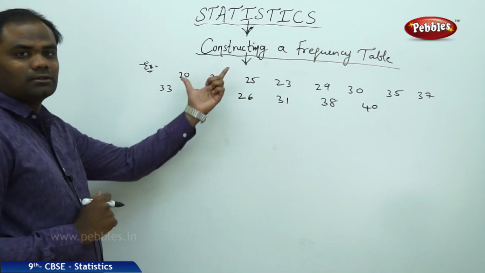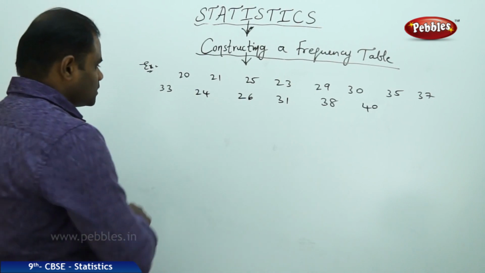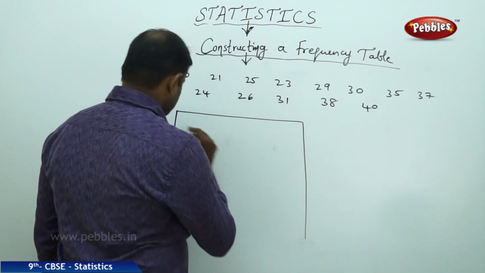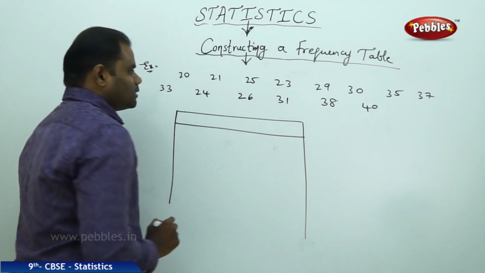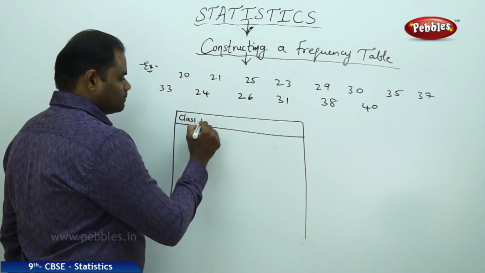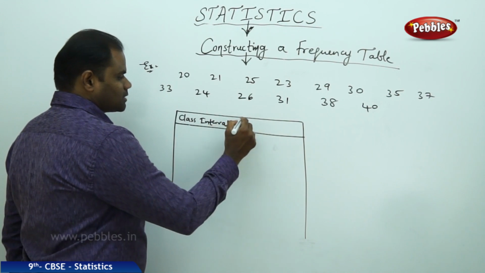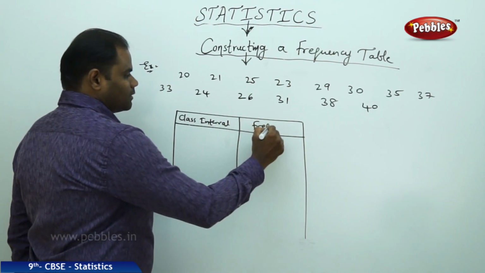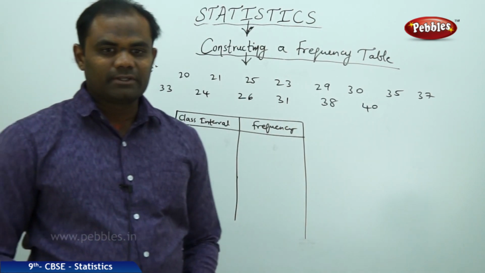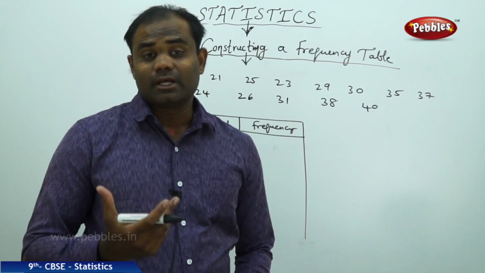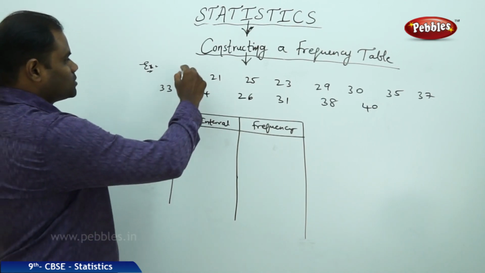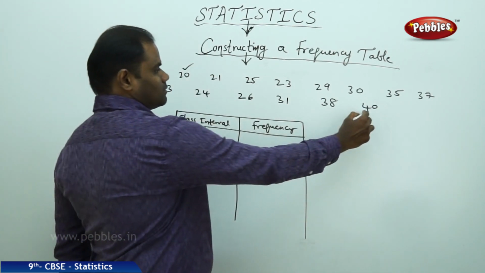Say for example, I have the set of data which is given by this, and then we take the data according to these given values. Now a frequency table is constructed with the marks, or whatever the values given here, defined as class interval. We take class interval and then we take the frequency. We have discussed recently that frequency is the number of times the data occurs, and hence if we take the class interval, we first pick the lowest value and then the highest value.